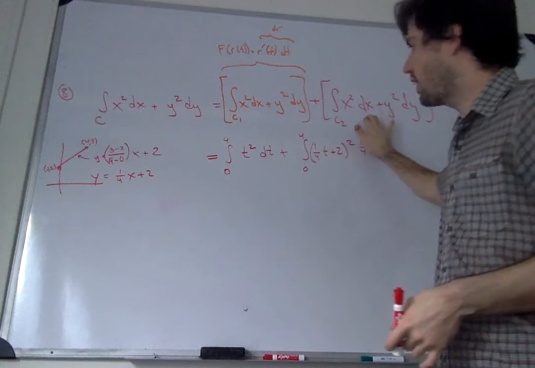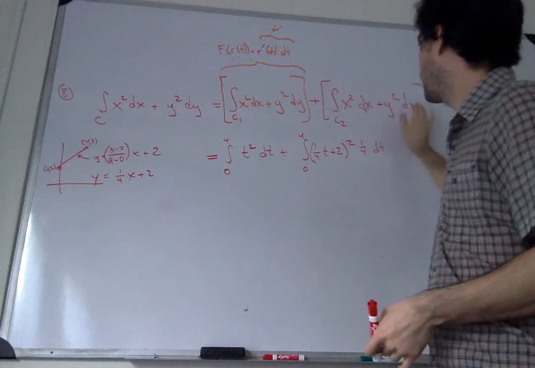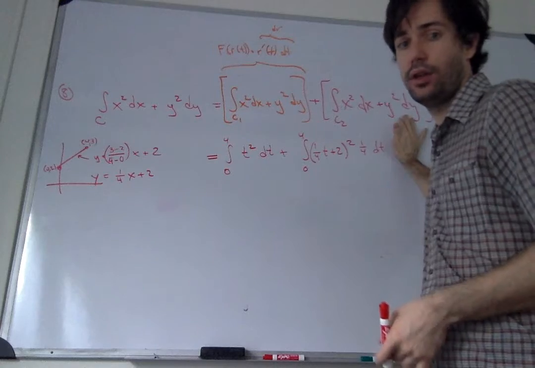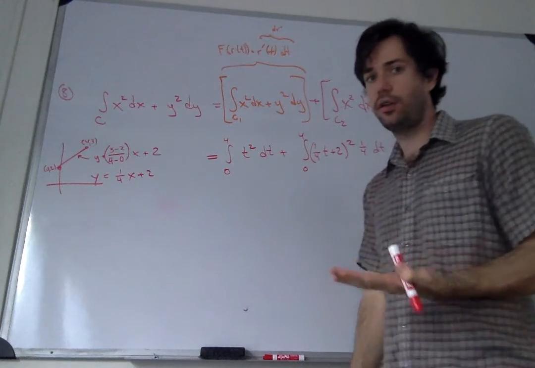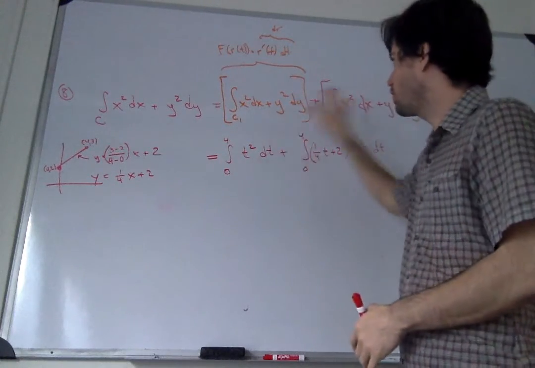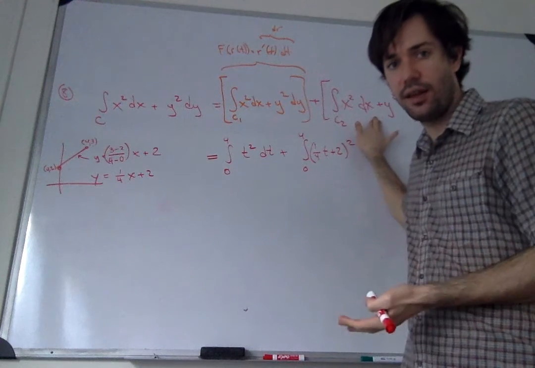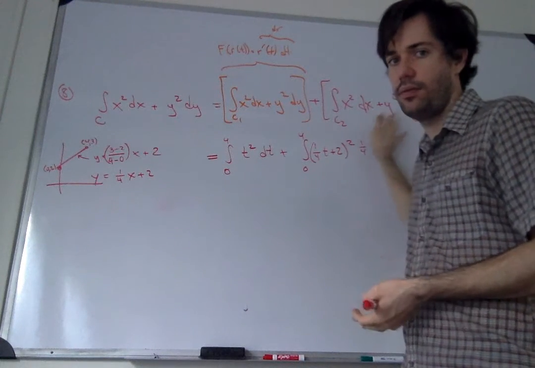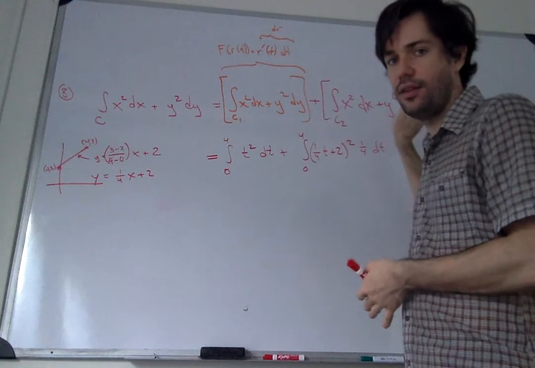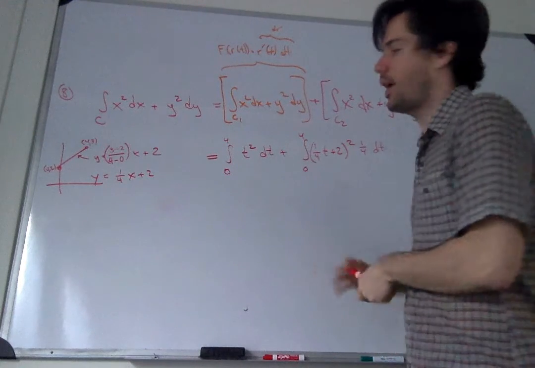There's going to be the dx component, and there's going to be the dy component. So you could say there's really three integrals in this problem. There's orange and red, and within red, there's dx and there's dy. Orange is 0, and then red dx, red dy.